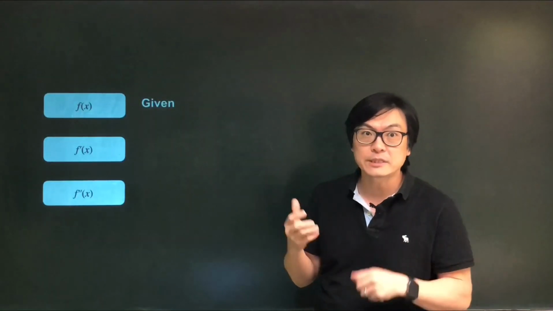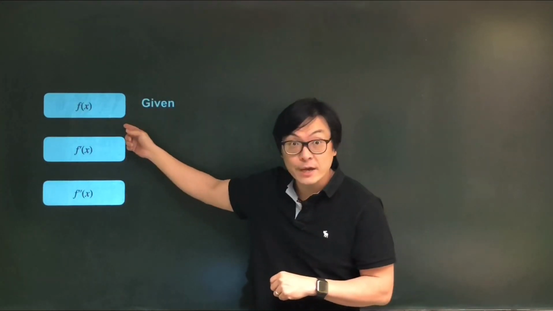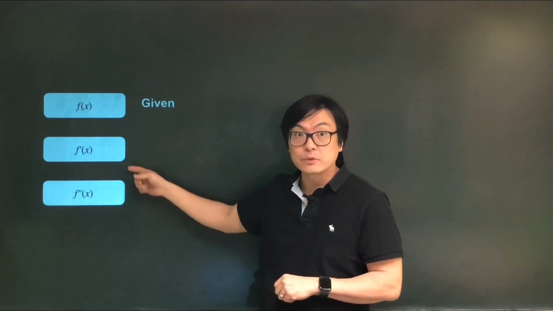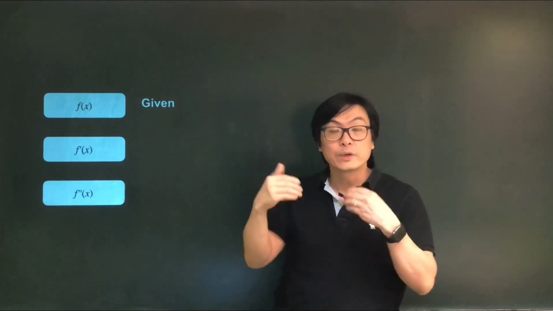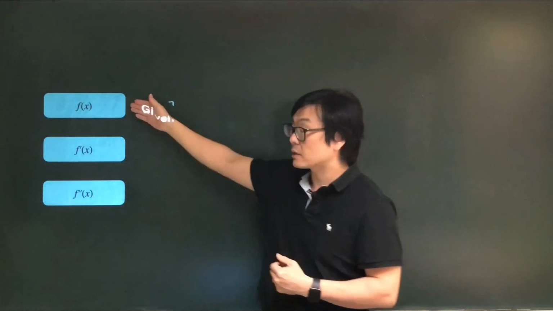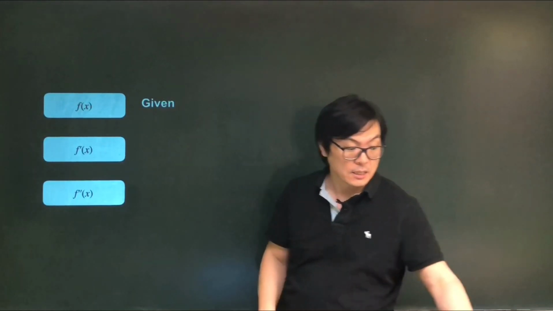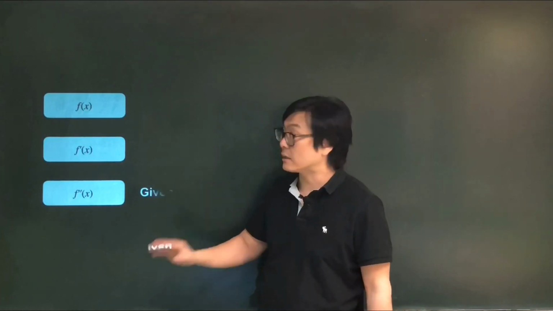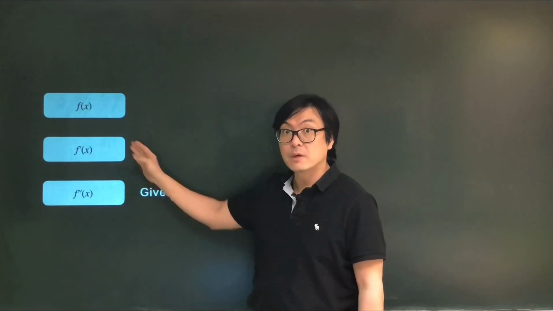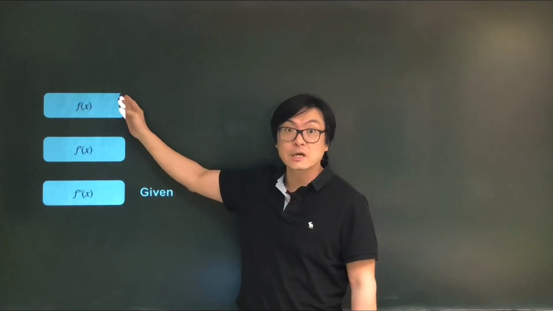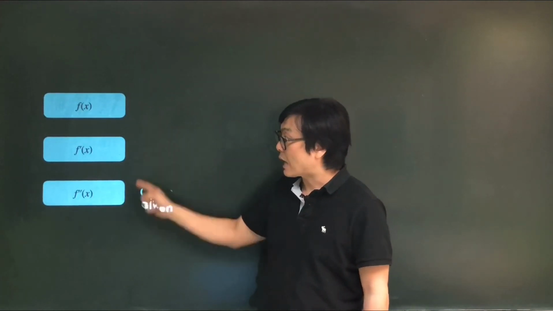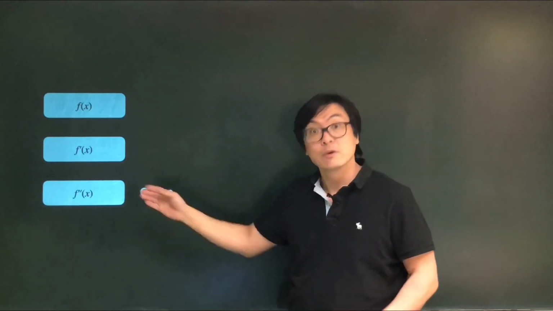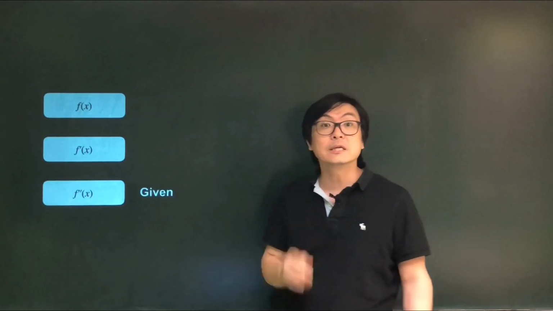To dig out this information about f of x, we need f prime and f double prime, found with differentiation, because it keeps going down only. Compared to that, if f double prime is given, we need to find f prime and f of x from it. It's going up, so we need integration.